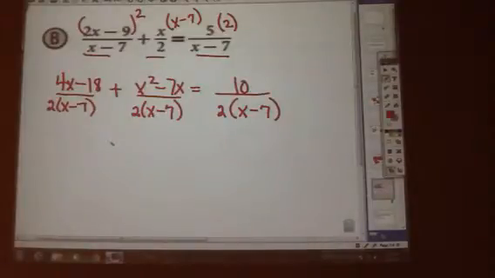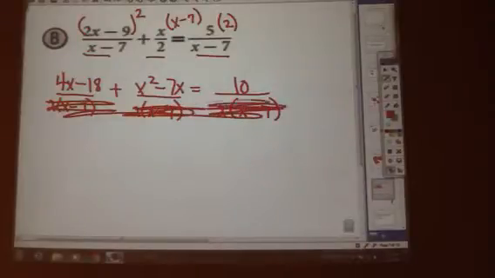Now, the good thing about when you solve a rational equation is once you have a common denominator, you can ignore and mark out the denominator. It's gone.